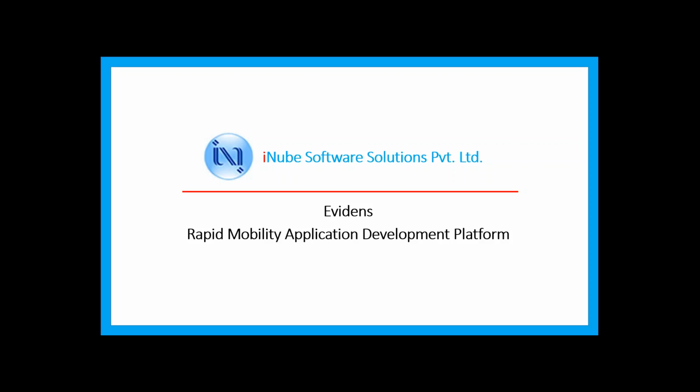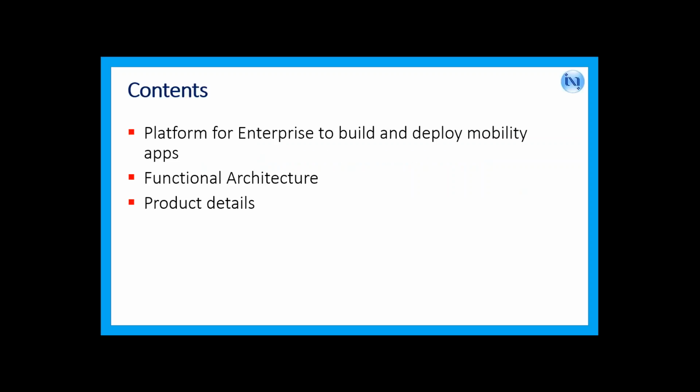So today the focus area is on our flagship product called Evidens. As I said, this is a rapid mobility application development platform. What we would go through here is understand the platform, how an enterprise can build and deploy mobility apps from a single command center, if I may say.